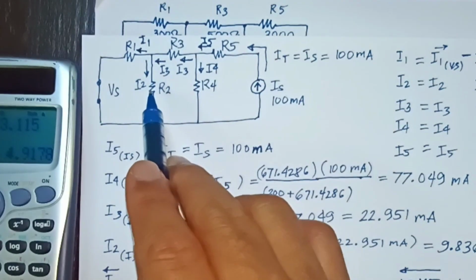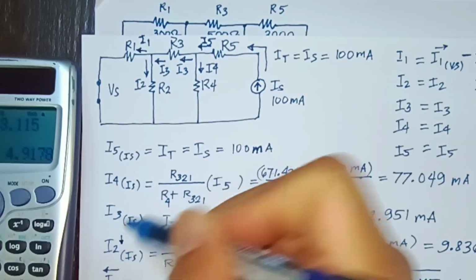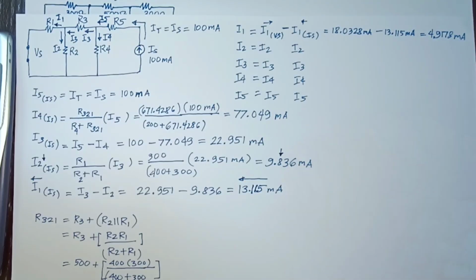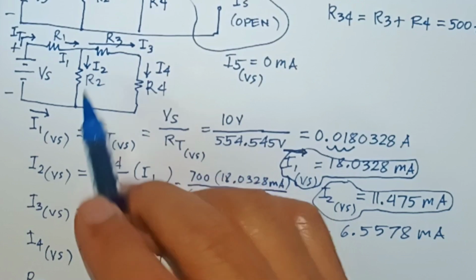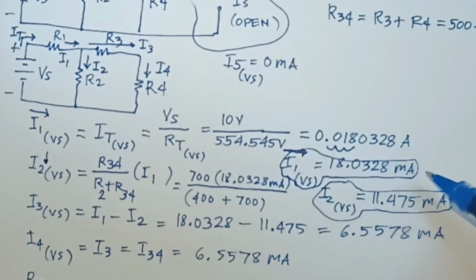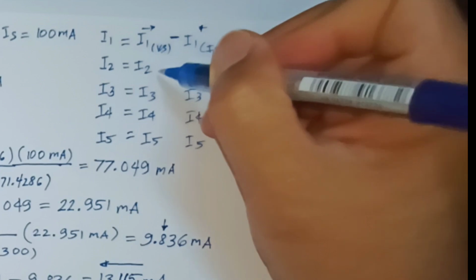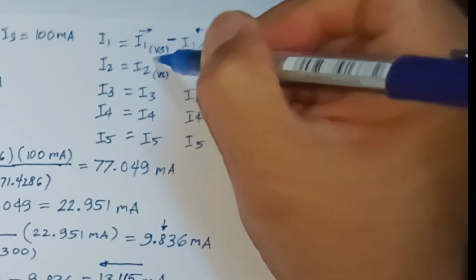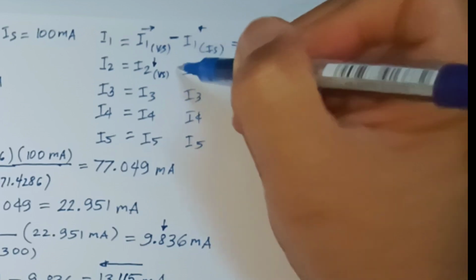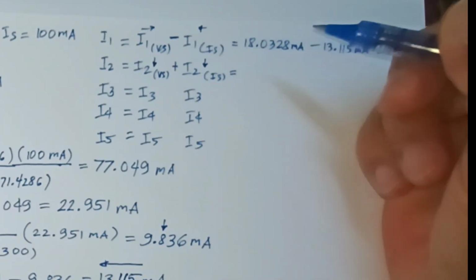milliamperes. And then let's calculate the value of I2, which is going down with respect to IS, and with respect to VS, I2 is also going down. Therefore, we can add the two I2s, the I2 of the VS and the I2 of the IS, because they have the same direction.